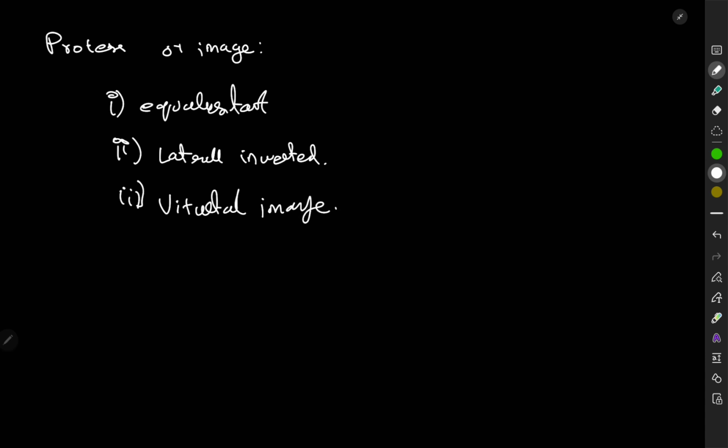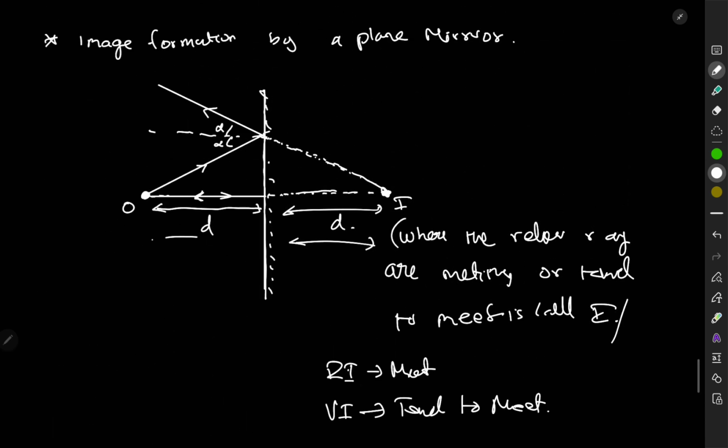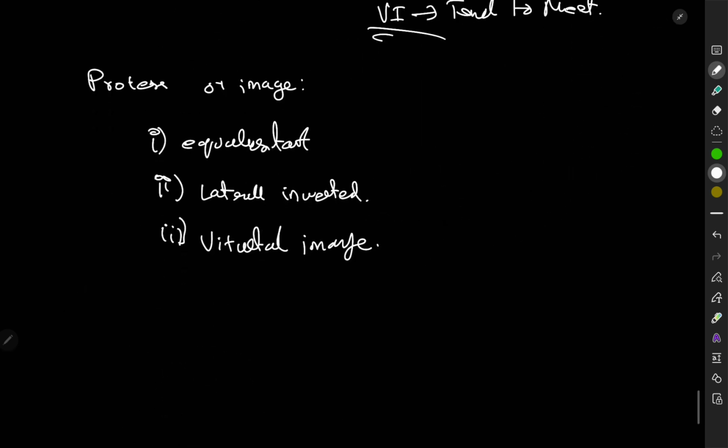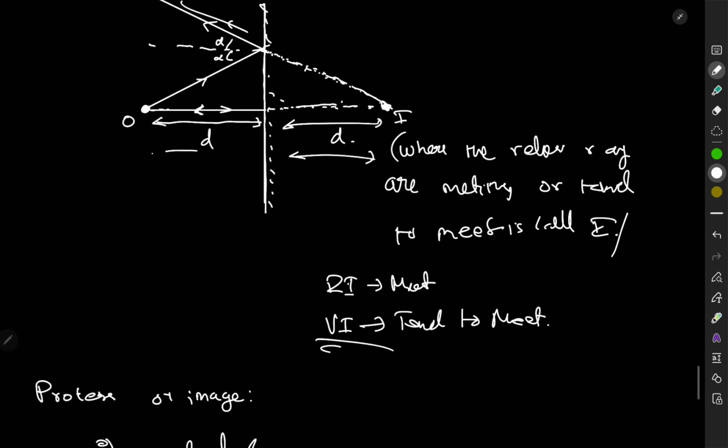As you can see, these are not the real rays. The real rays diverge and go like this, get reflected and go like this, but the image rays are only tending to meet. When they tend to meet, it is a virtual image, so it will always form a virtual image, and it will be of the same size. So if the object is of height h, the image will also be of height h.